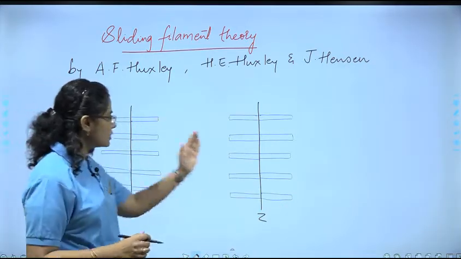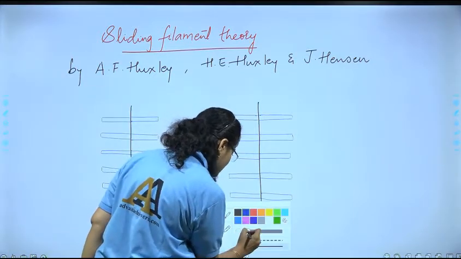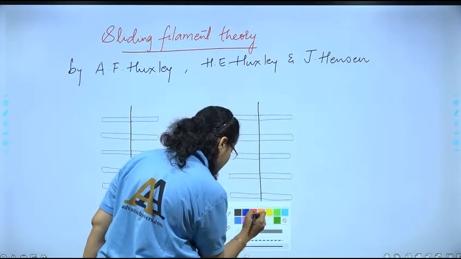In between, we have to show the A band, that is the myosin filament. I am going to make it a little thicker.